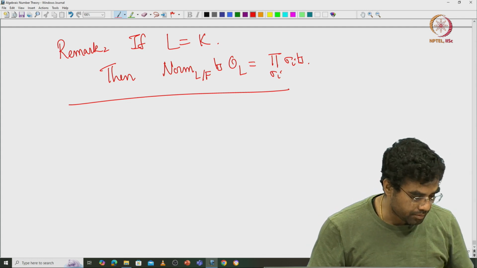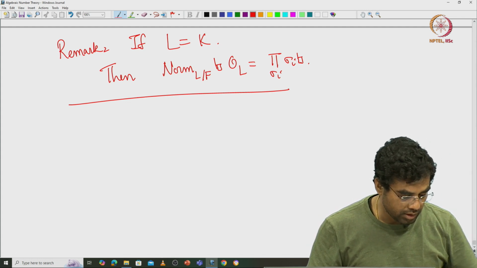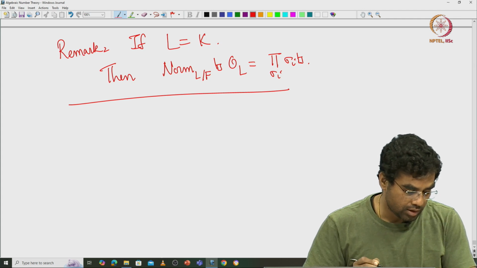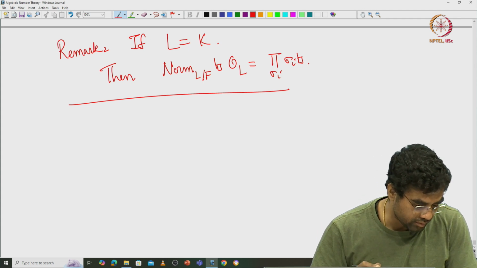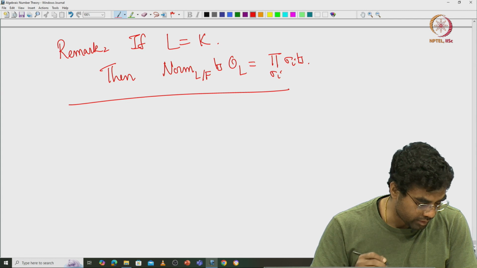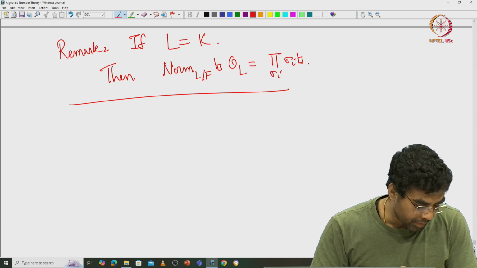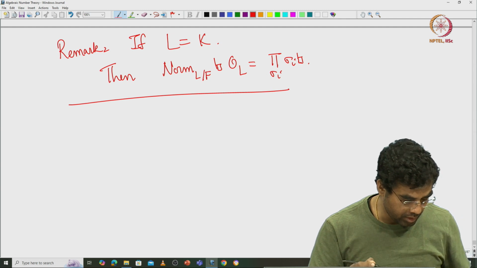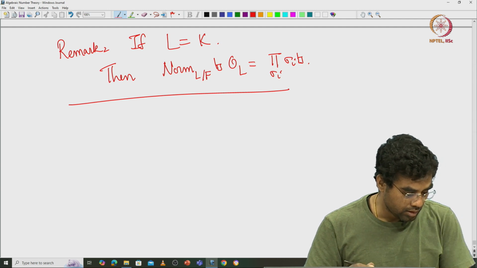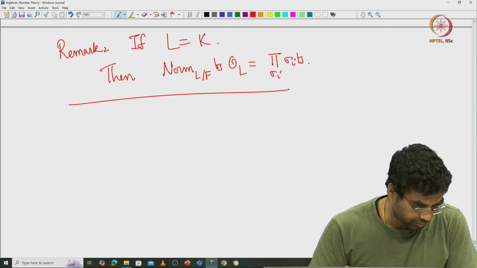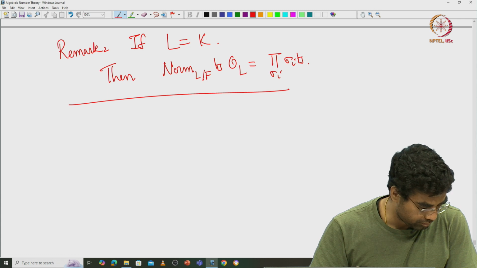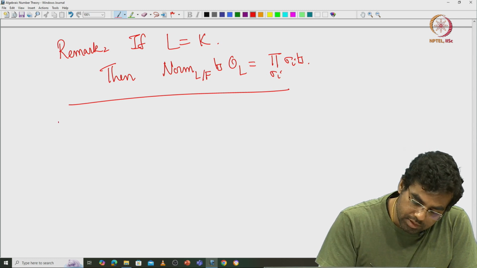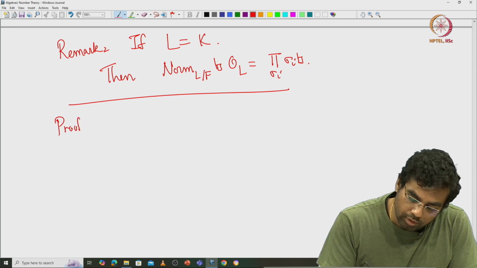This is somewhat tricky to do, because there are two extensions involved, right. So, L over K, K over F, etc. So, let me write it like this. My first claim is the following.